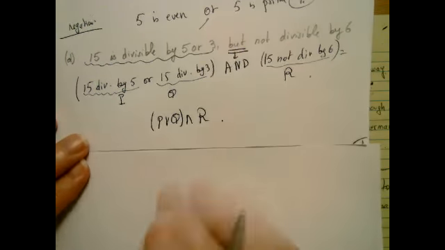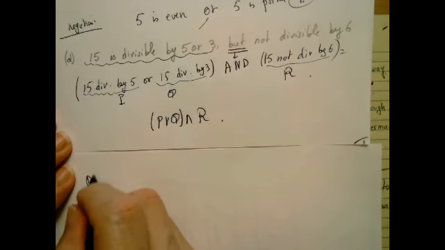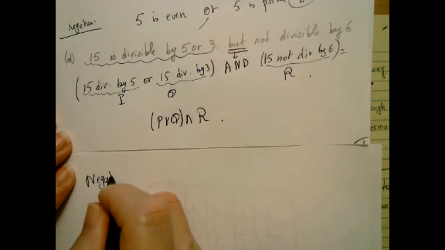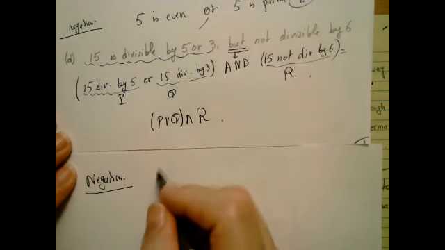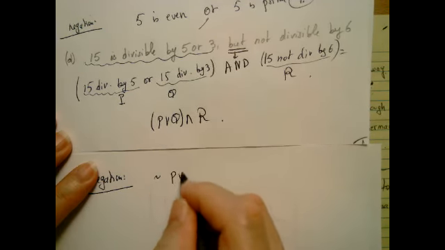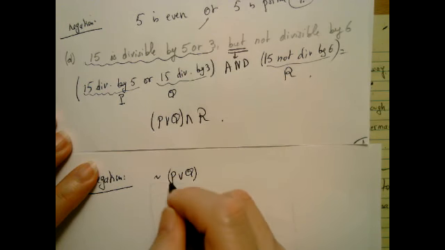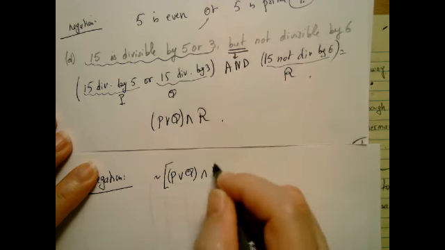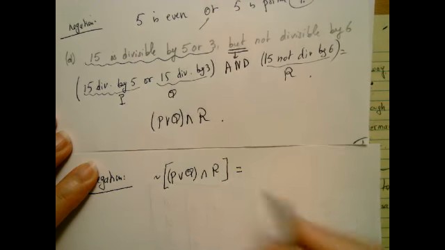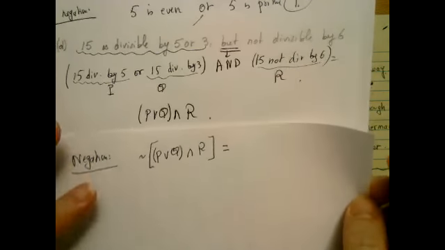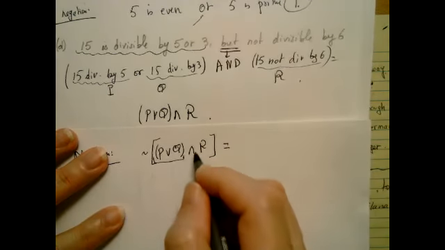So it's going to be the negation. We can negate it formally, and then we negate it in English. So what's the negation? I have this and that.